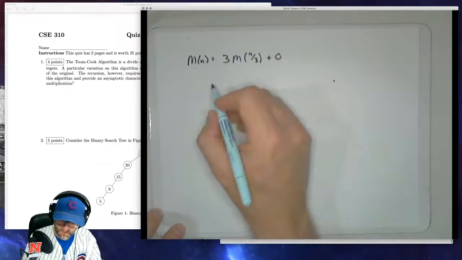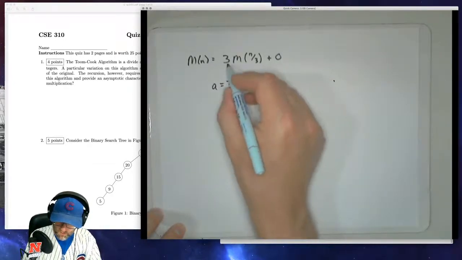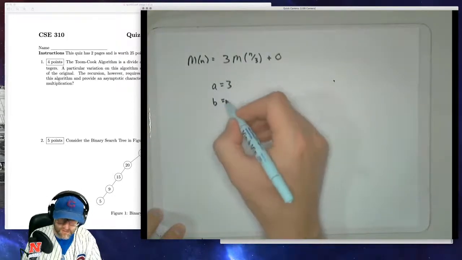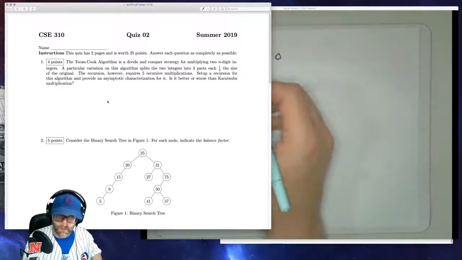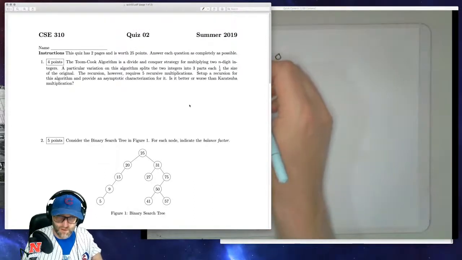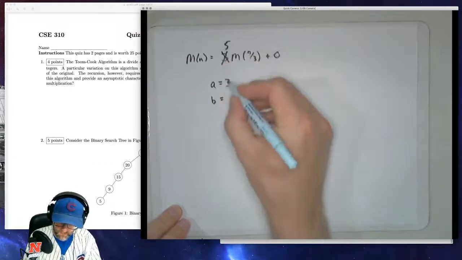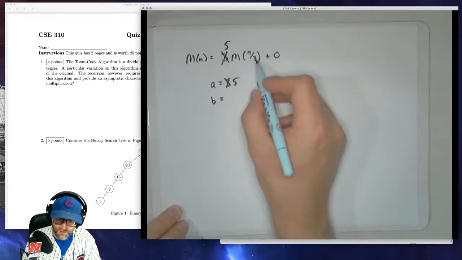So, by the master theorem, our coefficient here is 3. Oh, sorry, I misread it. 5 recursive multiplications. So, a is 5. There we go. 5 multiplications on numbers that are 1/3 the size.